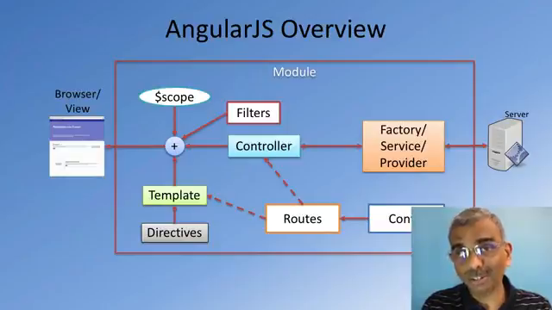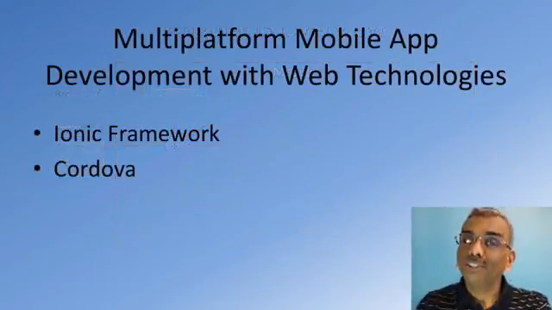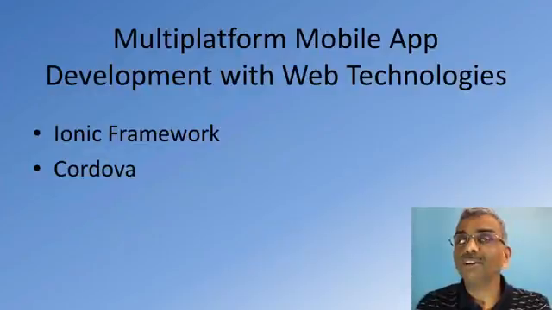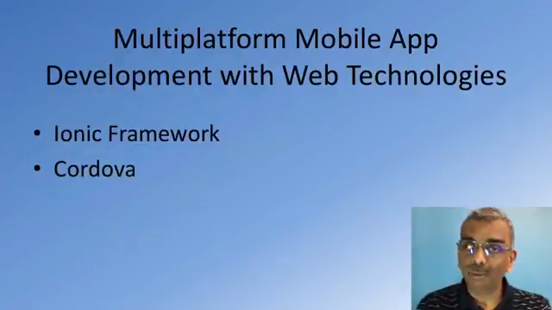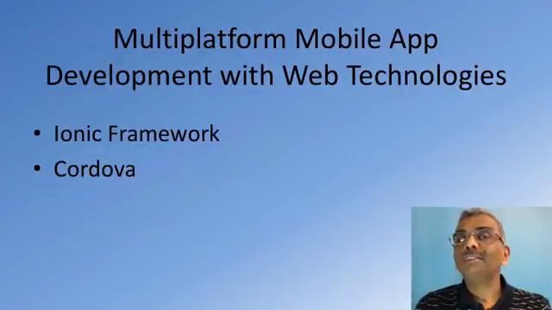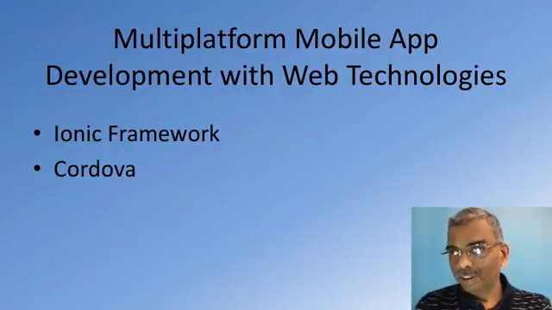We are still going to stay with AngularJS in the next course, where we will look at the Ionic framework. Moving on to the next course, where we are going to look at multi-platform mobile app development using web technologies, we're going to leverage the Ionic framework for this purpose. Ionic framework is itself built using AngularJS as the underlying platform.